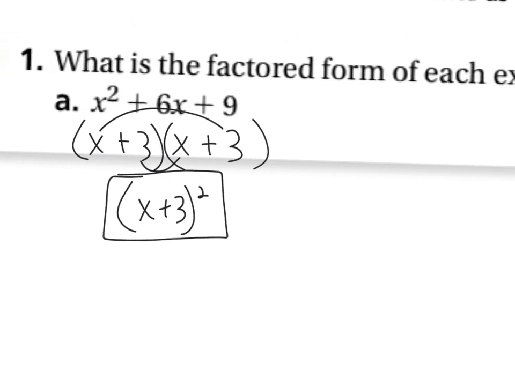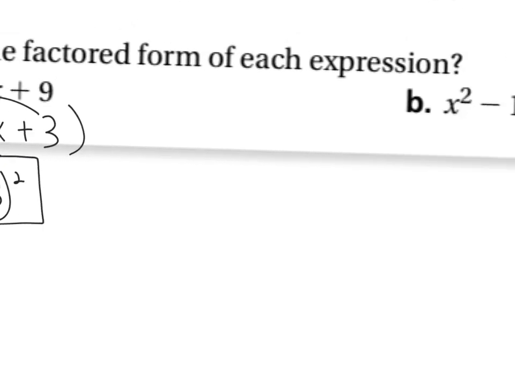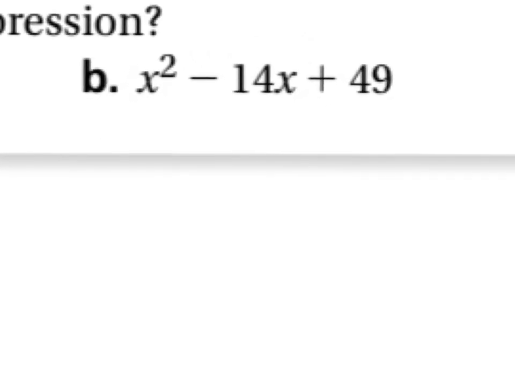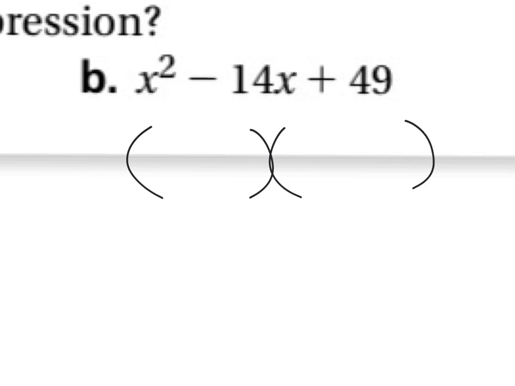So if we look at part B, same idea. We know to start with, we need x times x to get x squared. We have a plus 49 at the end, means both signs are going to be either positive or both signs are going to be negative. Since we have a negative 14x in the middle, these are both going to be negative.